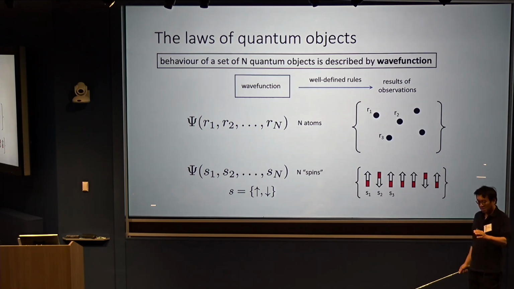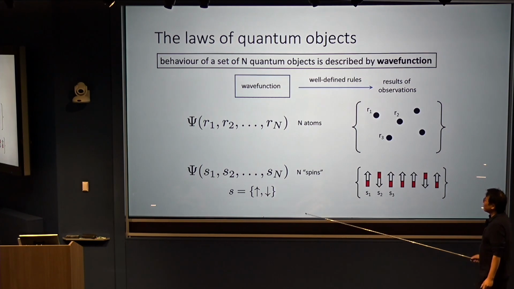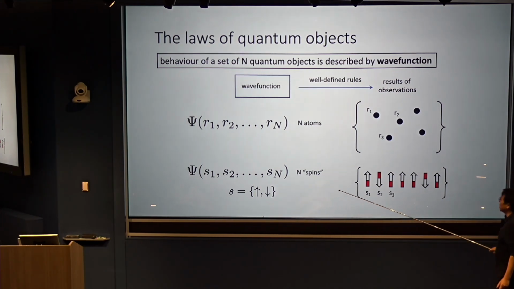Rather than having a continuous set of positions, they only have two states. They can either be spinning up or spinning down. And then when you have a wave function for a collection of n spins, this wave function assigns a complex number to every possible configuration of all the spin ups and spin downs of the n objects.